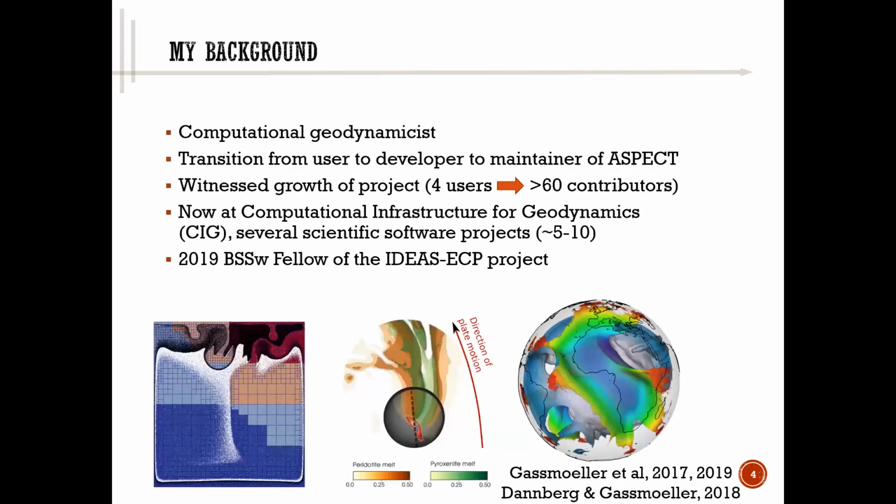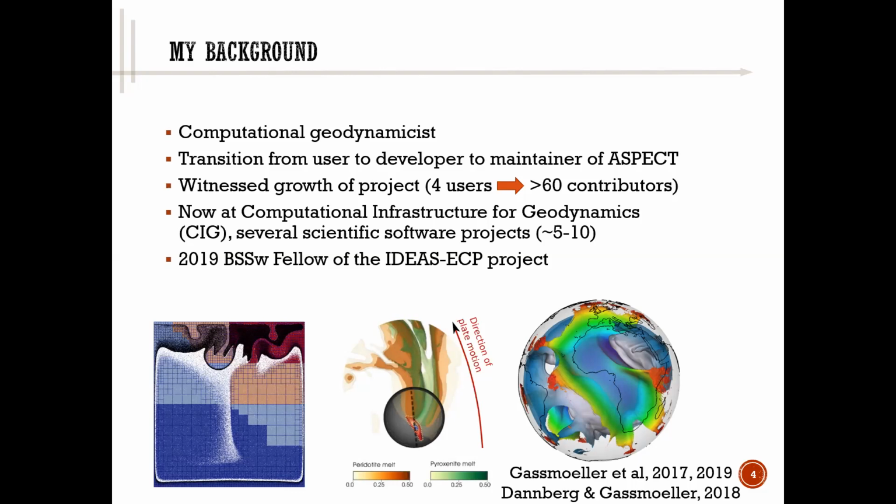I'm a computational geodynamicist by background, and I started off as one of the users of Aspect, as a scientist who wanted to use the software. Then I started to contribute features to that software and later became one of the maintainers of Aspect. Over that time, the project grew from about 4 users in the beginning to now over 60 people who have actually contributed code to the software, and probably several hundred who have used it in some form.